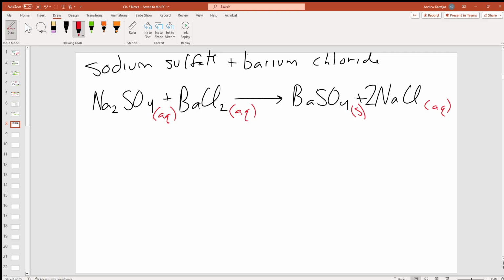What's our ionic equation going to look like? Well, that's where we split everything up. And don't forget all these aqueous, because they are an important part of these equations.